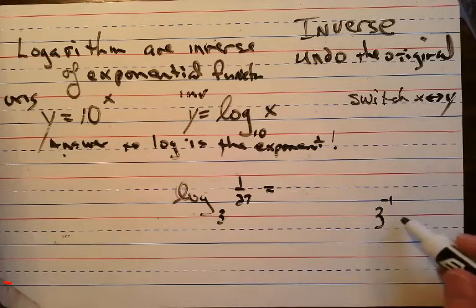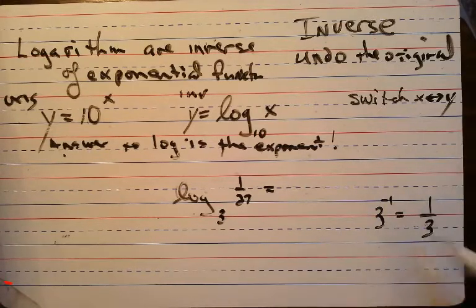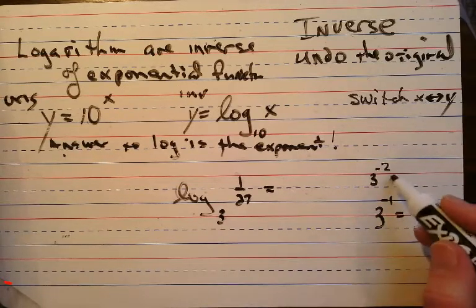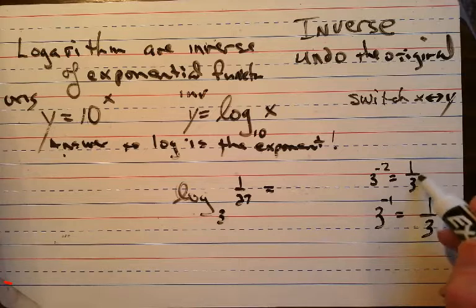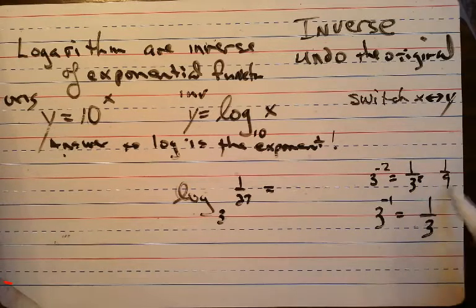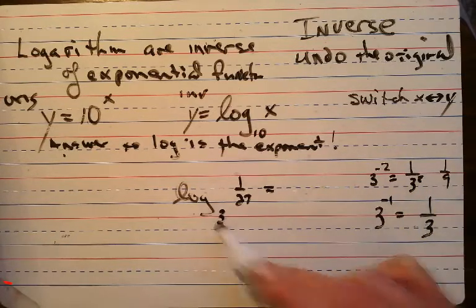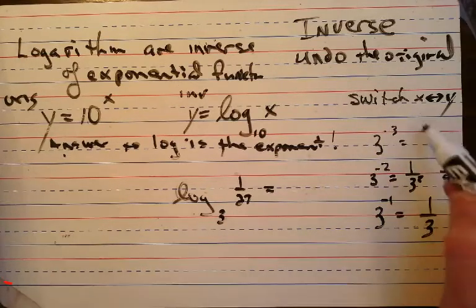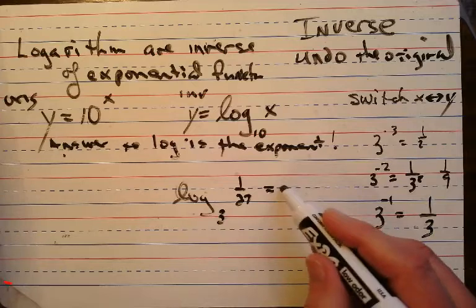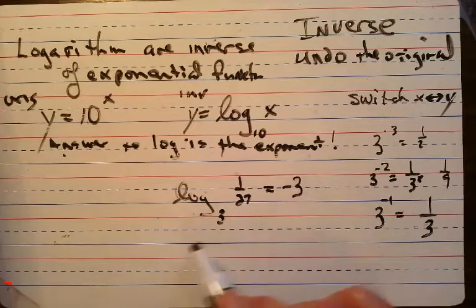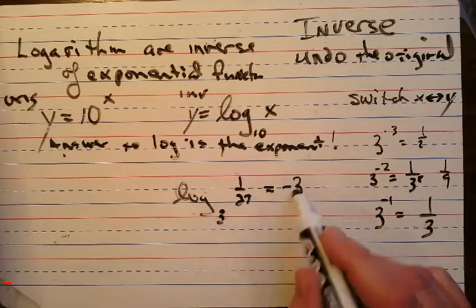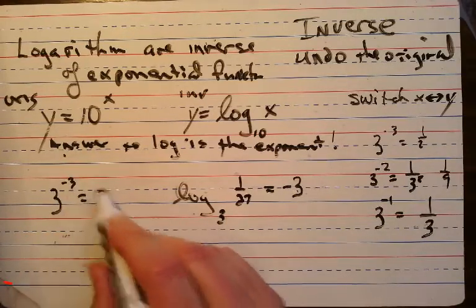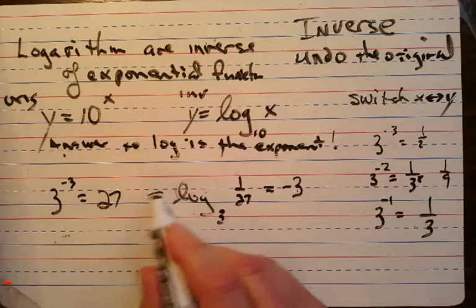Negative exponents really make fractions, right? So 3 to the -2 would be 1 over 3 squared. That's 1/9, right? So 3 to the -3 would be 1 over 27. So this is -3. Why? Because 3 to the -3 equals 1/27.